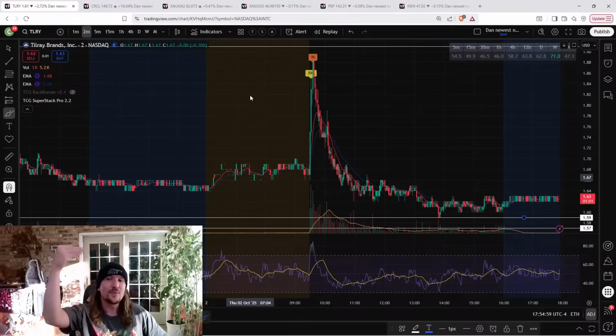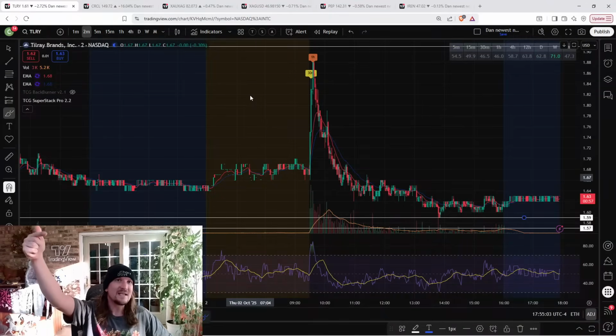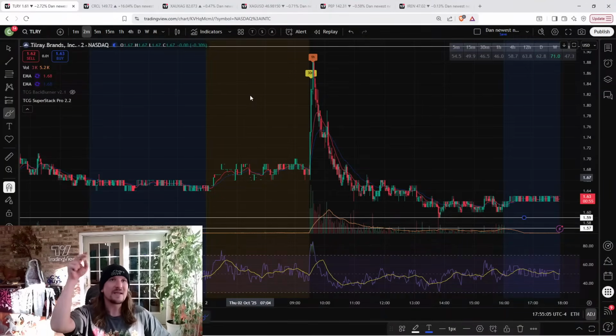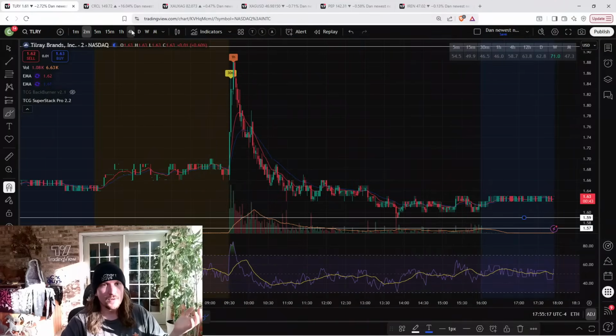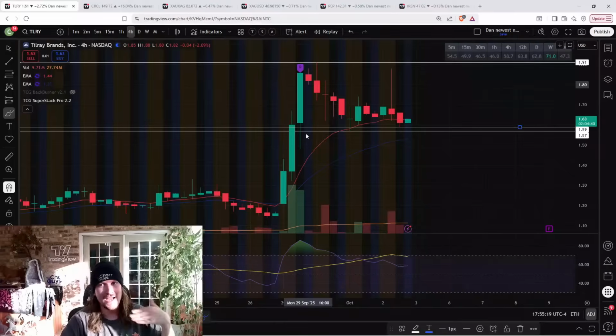So the hourly super stack means the RSI is in the upper 70s at least on the hourly, the 15-minute, the 5-minute, the 2-minute, the 30-minute, all at the same time. So you are as gassed as you can be. And I rebought it at support because my mindset is, okay, I just locked in profit.